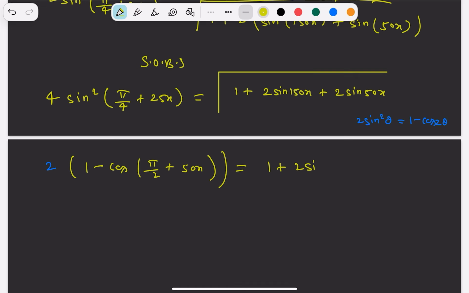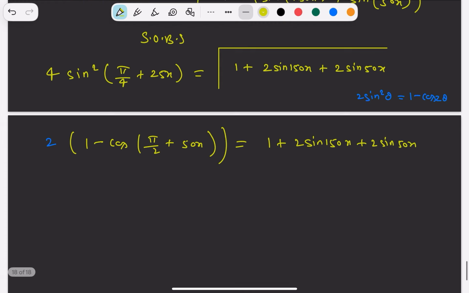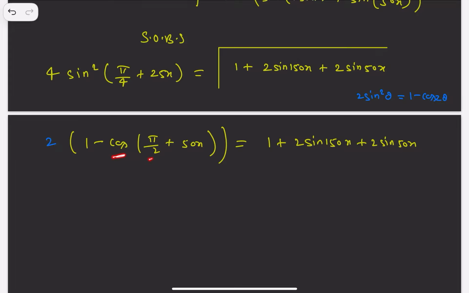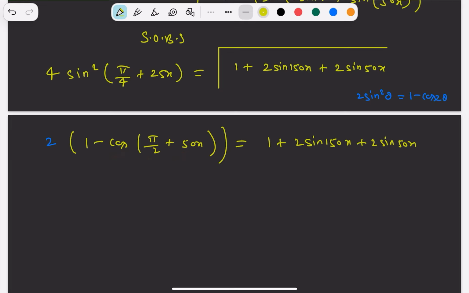what are we going to get now? 1 plus 2 sin 150x plus 2 sin 50x. So cos 90 plus theta, here I can apply, cos 90 plus theta will become minus sin theta, because it's in the second quadrant, and in the second quadrant cos is negative.